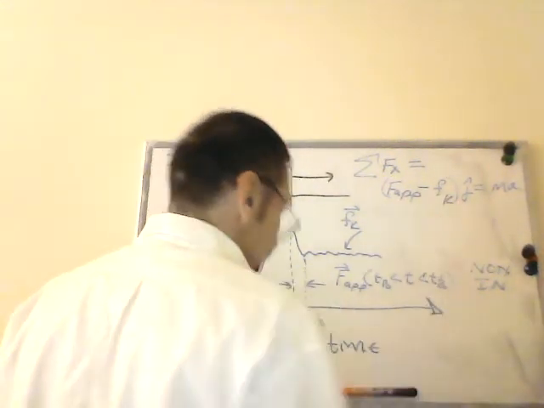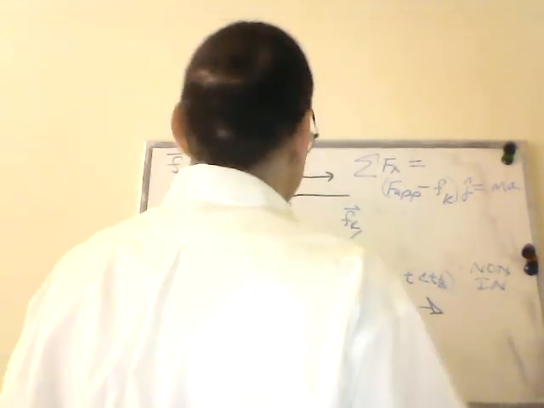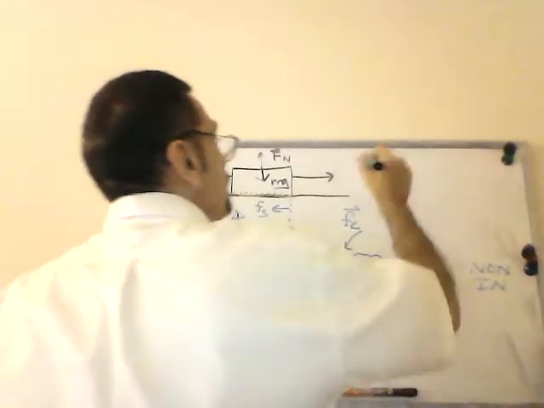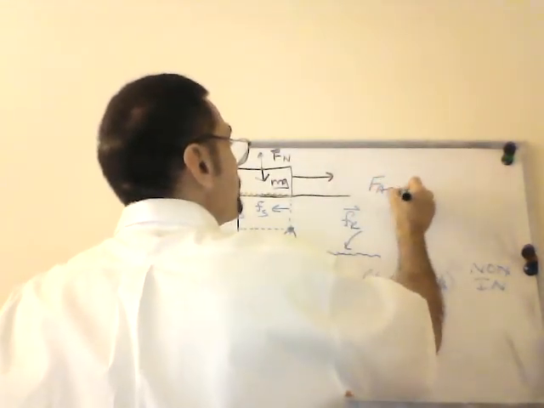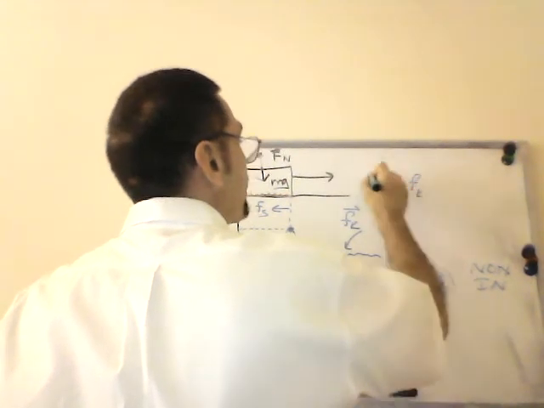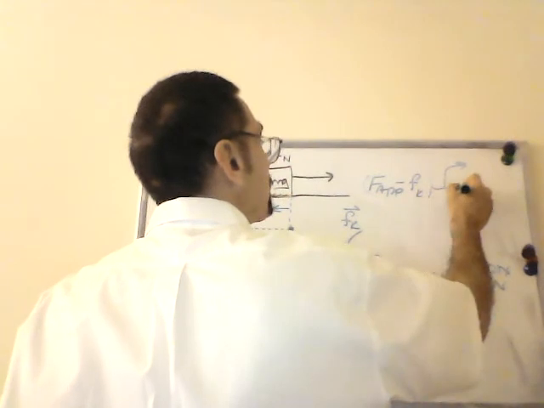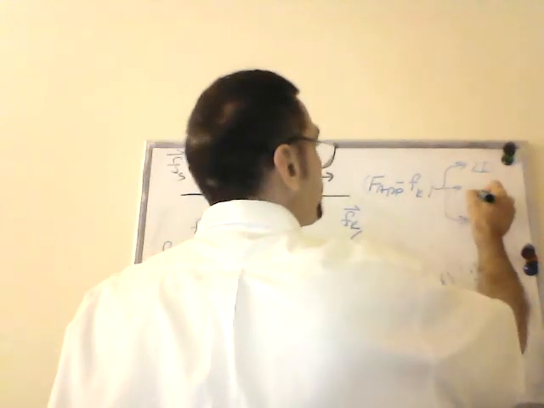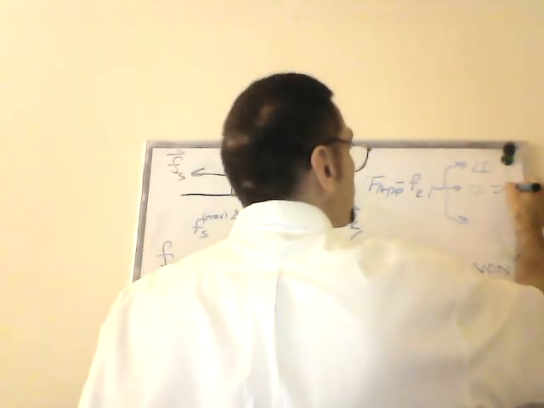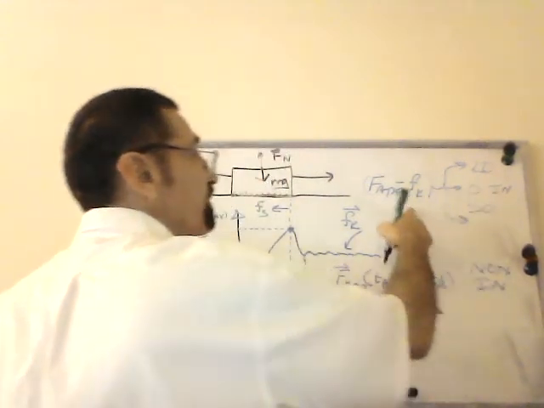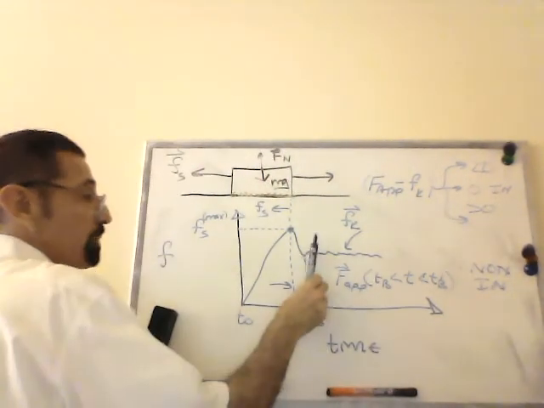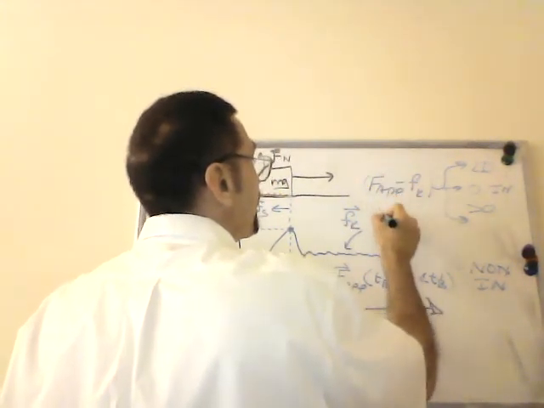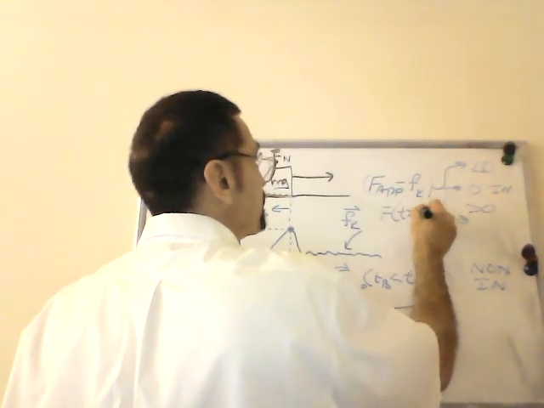Now, F applied minus Fk: if this is less than 0, then this is decelerating. If this is equal to 0, we have an inertial state. If this is greater than 0, then it's accelerating. This is in the regime to the right of TB prime, so we're talking about T greater than TB prime.